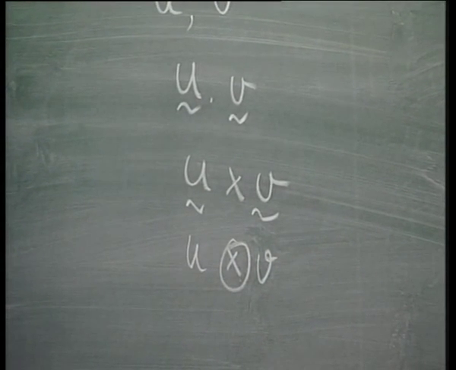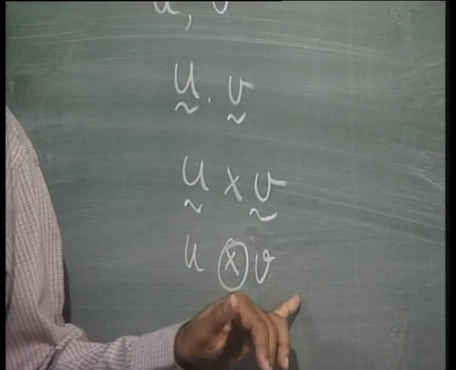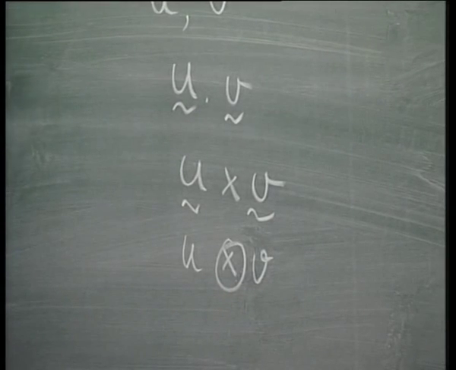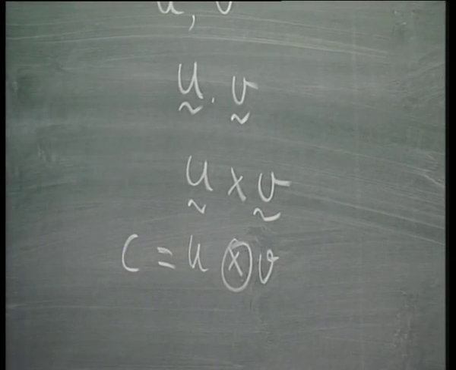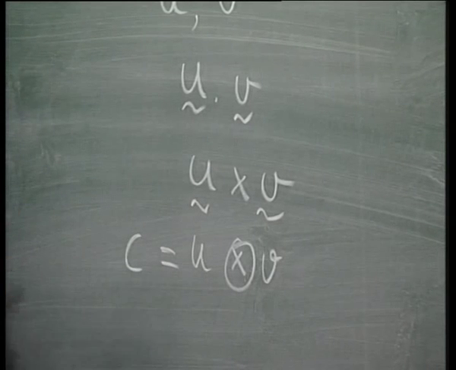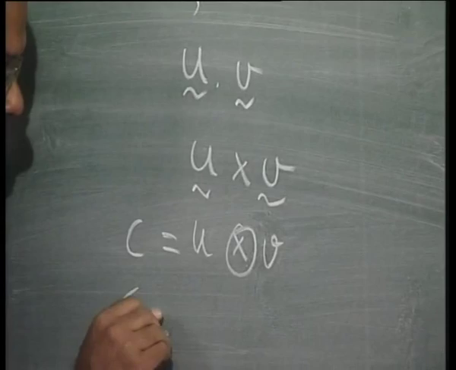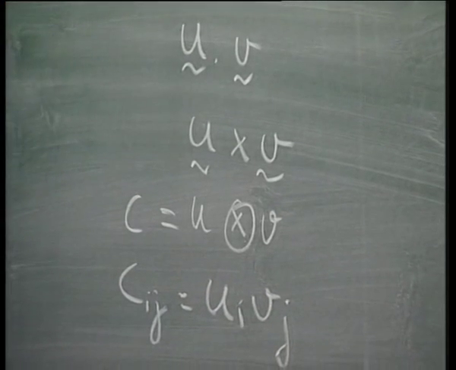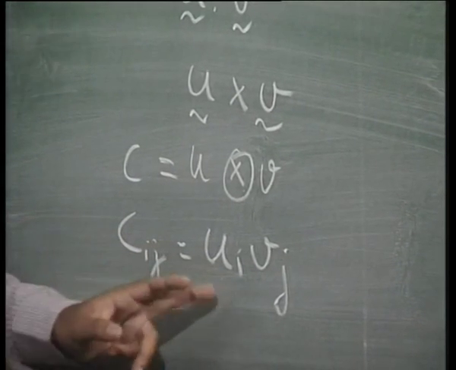The result is a second order tensor, say for example some tensor C, where this operation indicates that Cij is equal to Ui Vj.